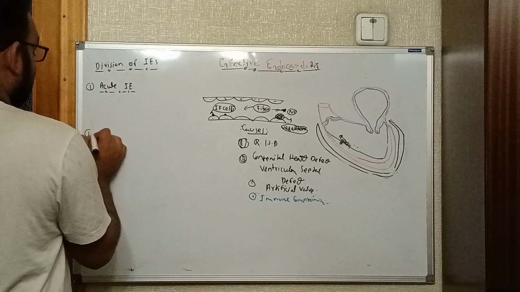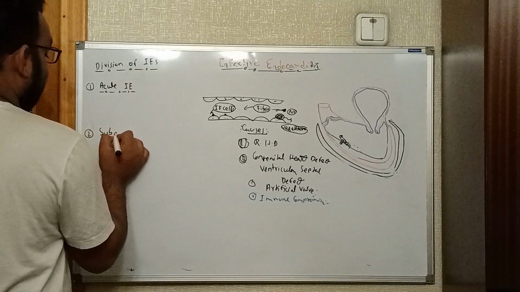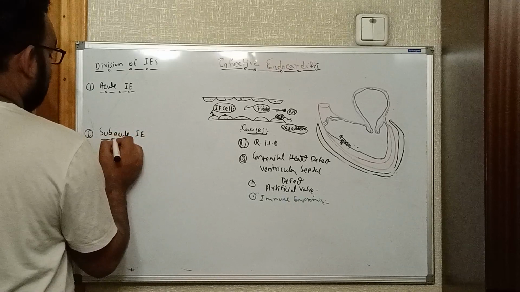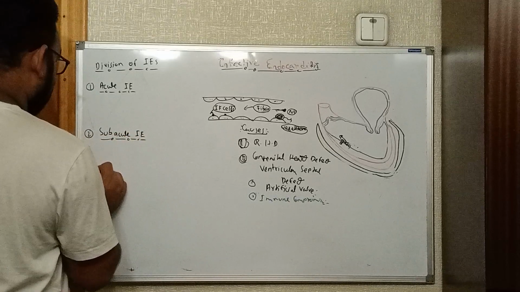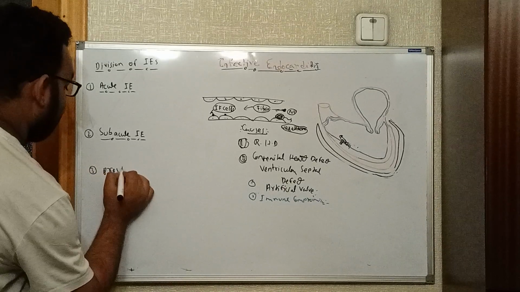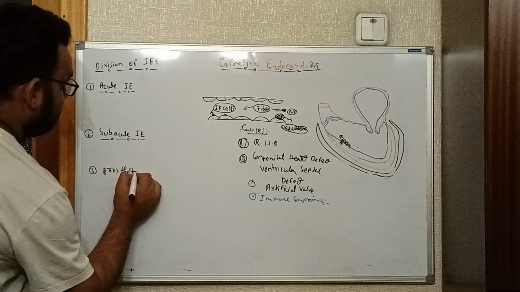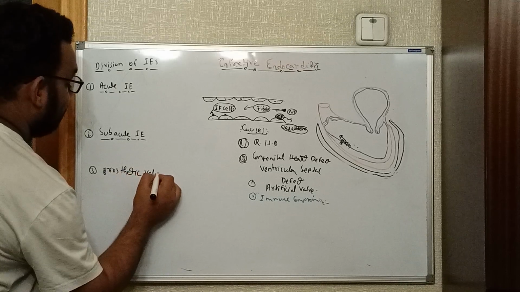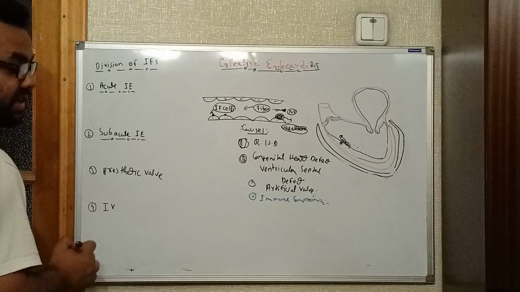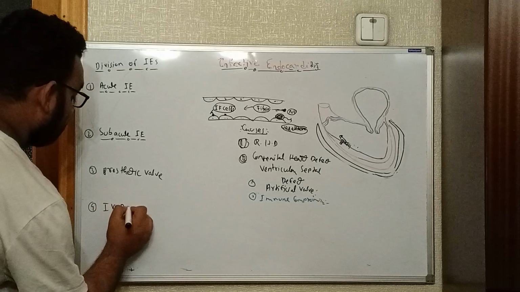Then we'll get the subacute infective endocarditis. Then we will get the prosthetic valve or the artificial valve. Then, for example, the intravenous drug abuser. IV stands for intravenous drug abuser.